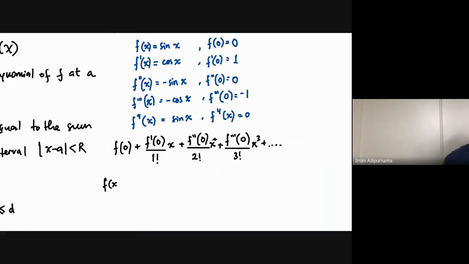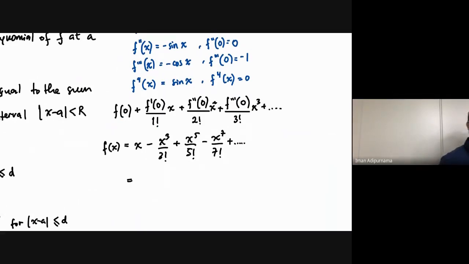So f(x), evaluate all. So x minus x cubed over 3 factorial plus x to the 5 over 5 factorial, and we can set up our sum.